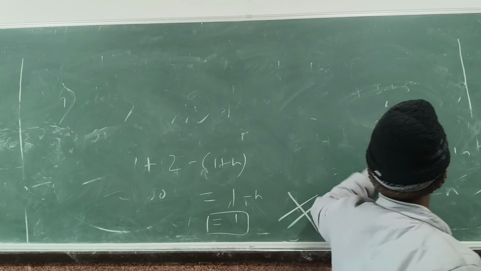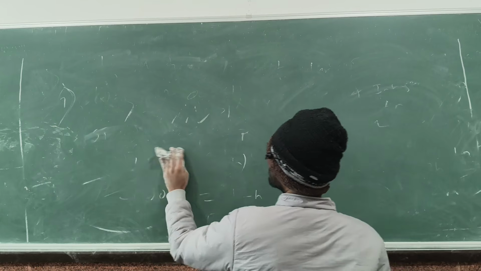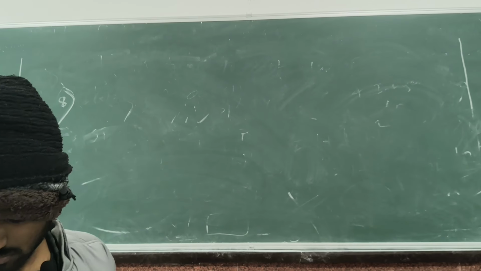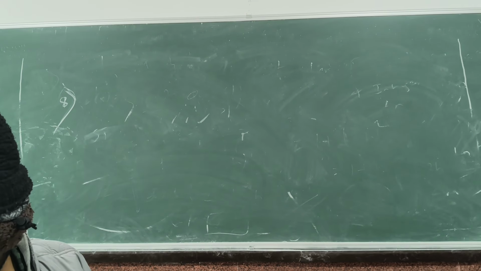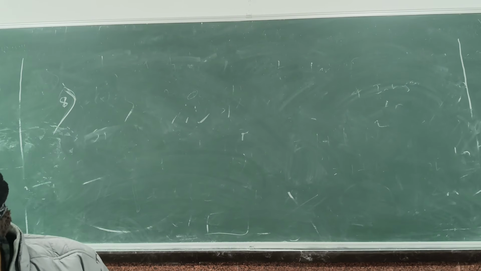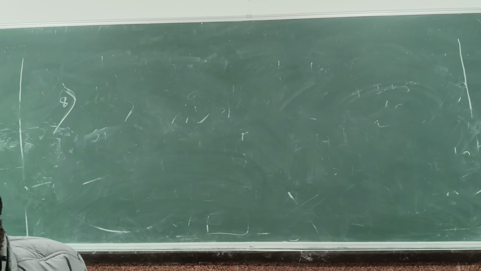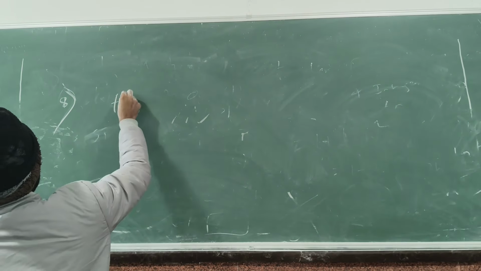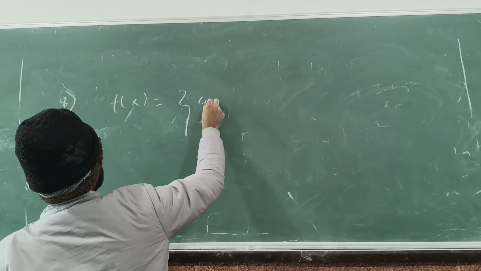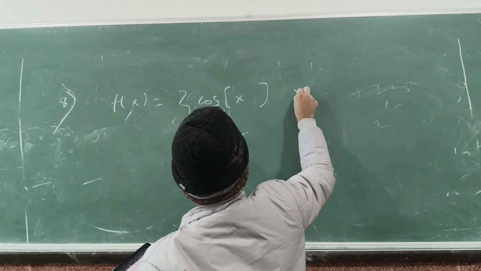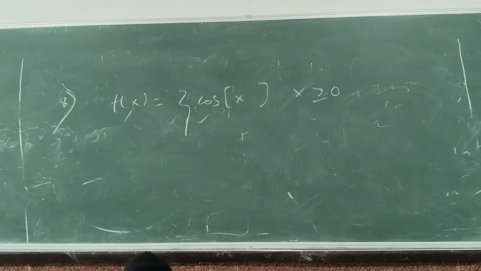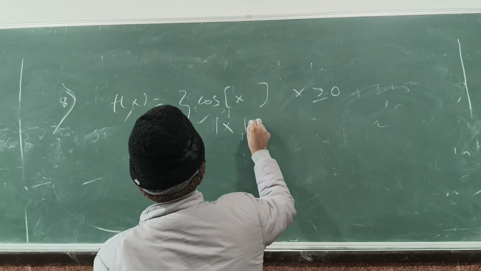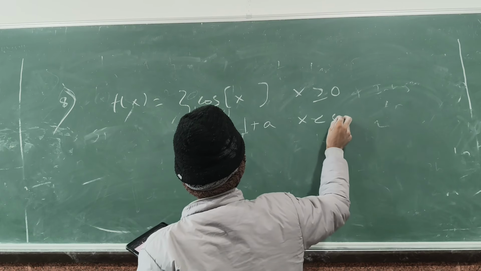So let's go to the 8th question. f of x equals cos x for x greater than 0, and mod x plus a for x less than 0.